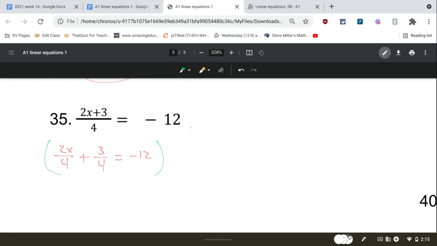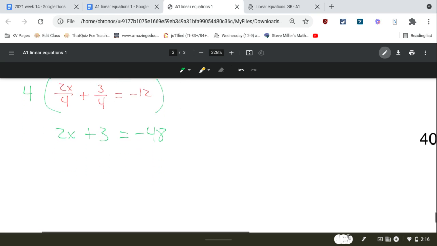On the left-hand side, the 4's will just cancel, and that's going to leave me with 2x plus 3. On the right-hand side, 4 times negative 12 is negative 48. Subtract 3. 3 minus 3 cancels, and you're left with 2x is equal to, what's negative 48 minus 3?